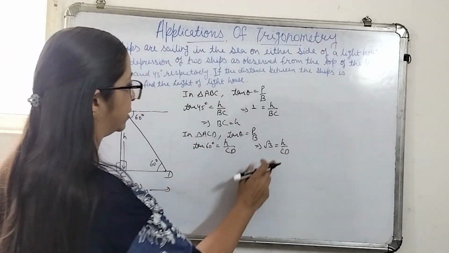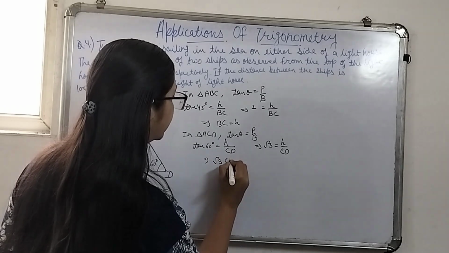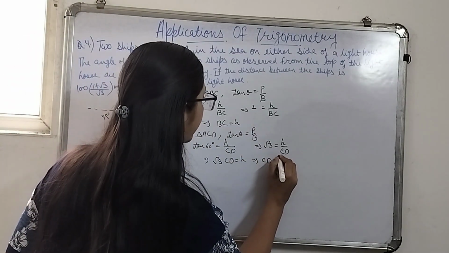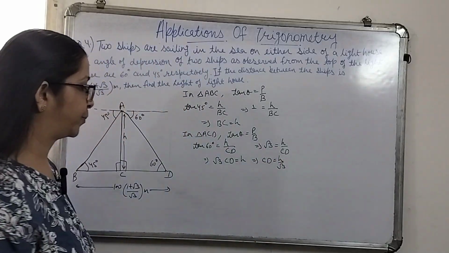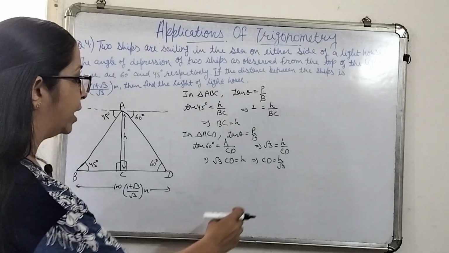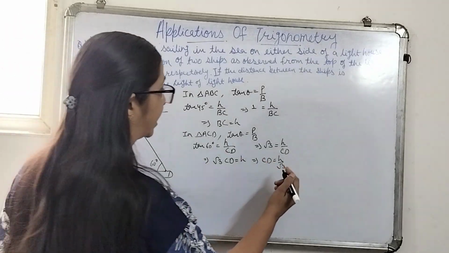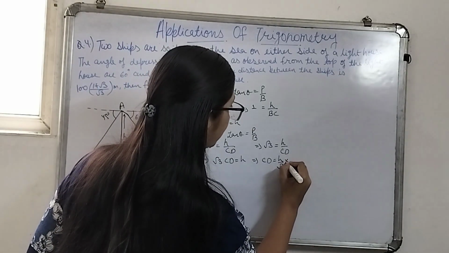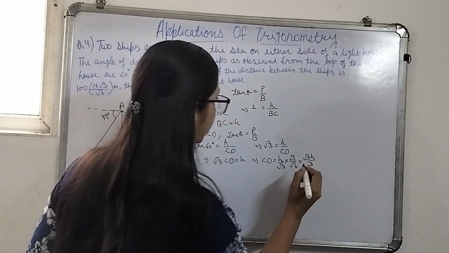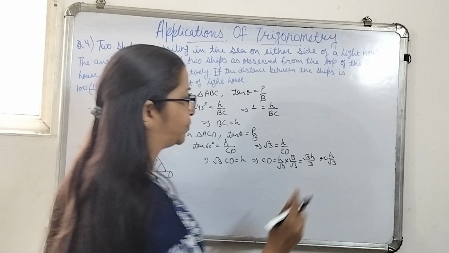If we solve it further, root 3 into CD is equivalent to h, or CD is equivalent to h over root 3. Because we generally don't take a root sign in the denominator, we can multiply by root 3 and rationalize, and it will become root 3 h over 3. This we can do, or otherwise we can write it as h over root 3 also.